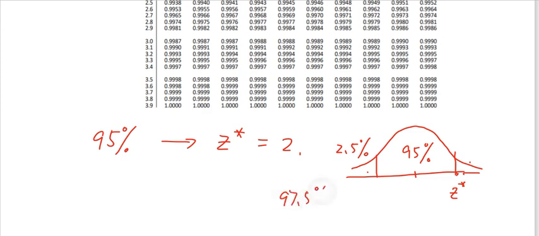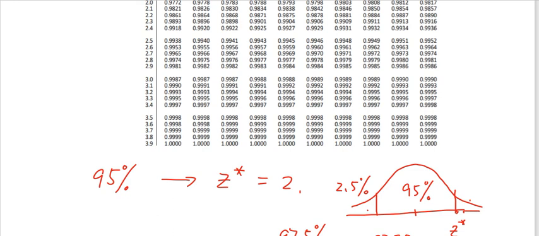So we need to check this probability equal to 0.9750. So from the table, we should check 9750. That one is our cutoff point. So let's check, okay, where is 9750?